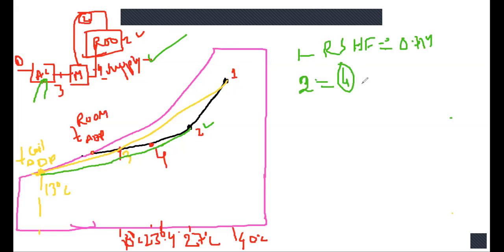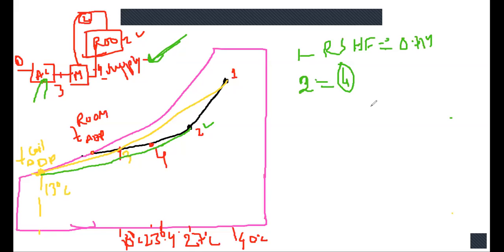Please tell all of the data which we have obtained from our chart, because the question is the condition of supply air, the condition of air entering the room.